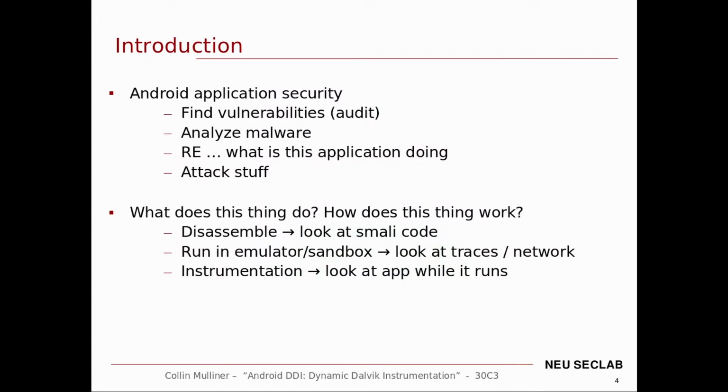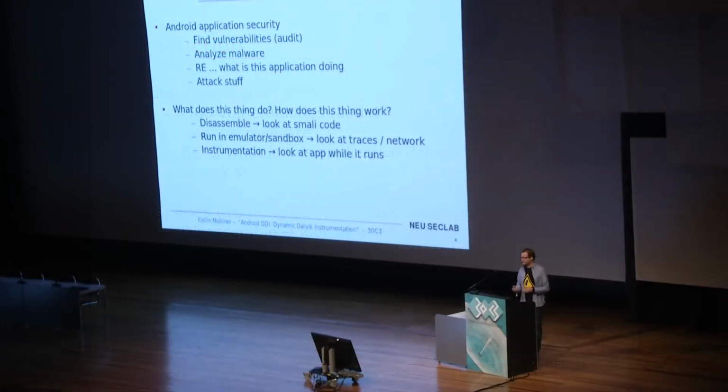So, Android application security is pretty interesting for various reasons. Maybe you want to find vulnerabilities, analyze malware. Maybe you just want to reverse engineer an application to see what it's doing. And finally, maybe attack an application, attack the OS.